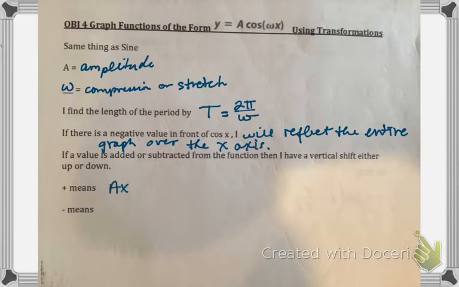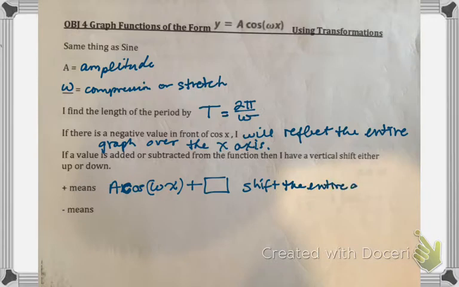This would be a cosine omega x, something like that. And then if I have plus a number, that's what I'm talking about here. We're going to shift the entire graph up. So that's what this does.